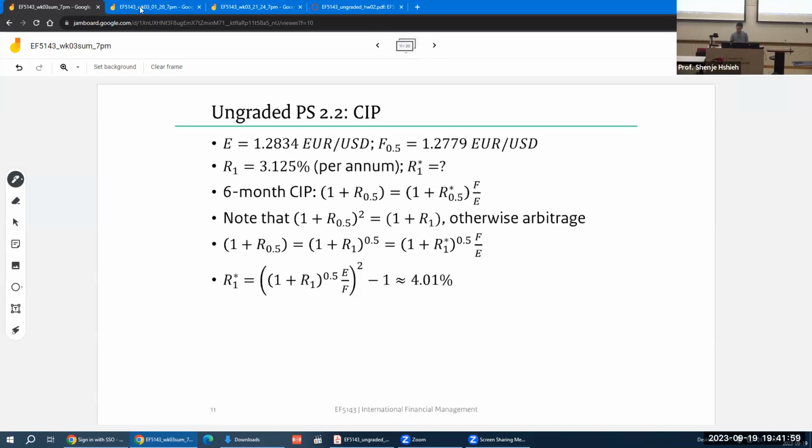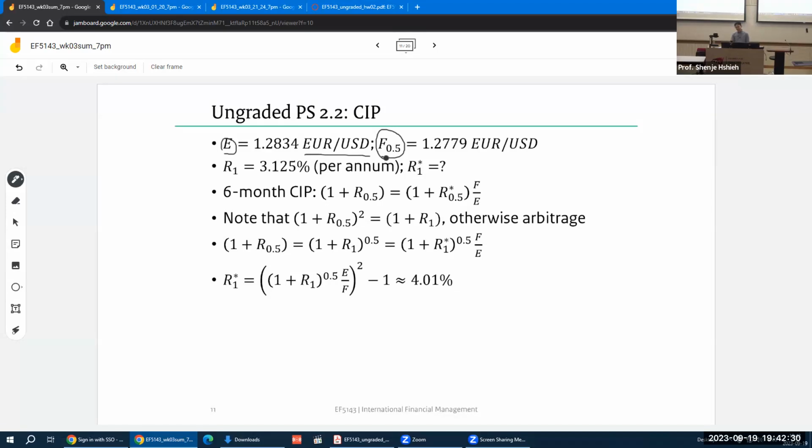Okay, so rather than read you the problem, I'm going to summarize it for you here. So they give you an exchange rate. Remember, whenever I give you an exchange rate in this fashion, Euro/USD, that means I'm giving you the price of euros in terms of US dollars. Okay, so E is the price of euros in terms of US dollars of 1.2834. Same thing for the forward price. Remember, the forward price is not the price of the currency that you want to buy today.